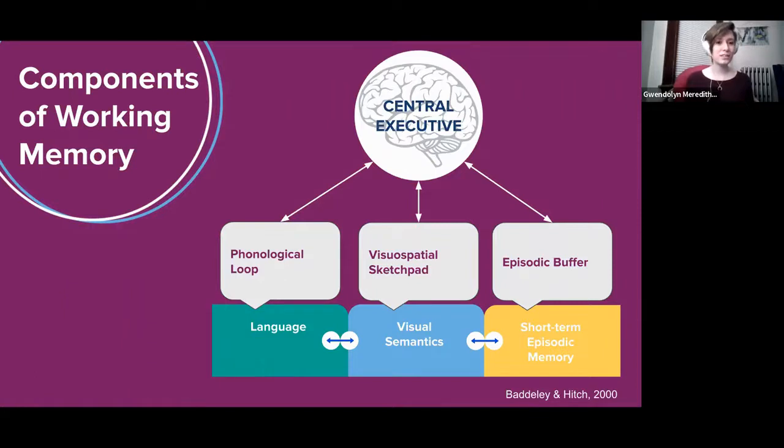It's important to note that there might be some students who have stronger auditory working memory than visual working memory, and other students that have stronger visual working memory than auditory working memory. By understanding the various subsections of working memory, we can try and give students as many scaffolds and supports as possible to really boost in on that strength that they have.